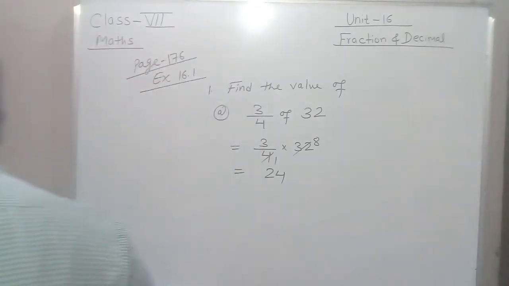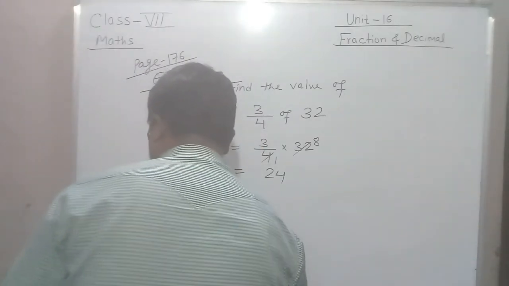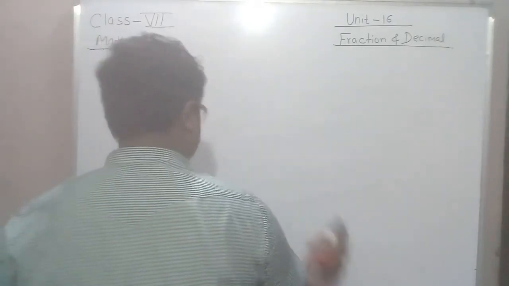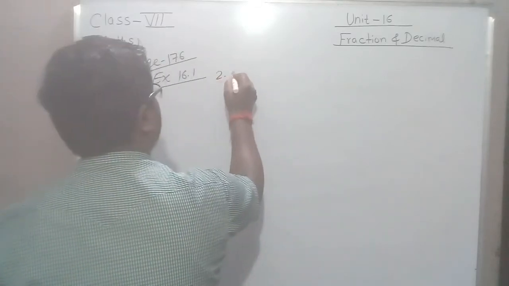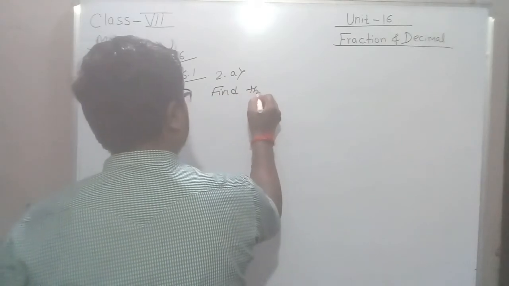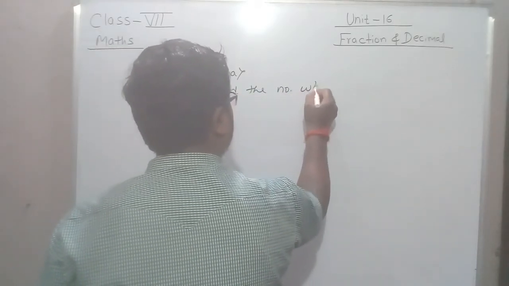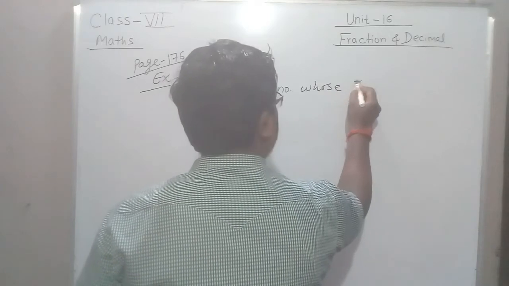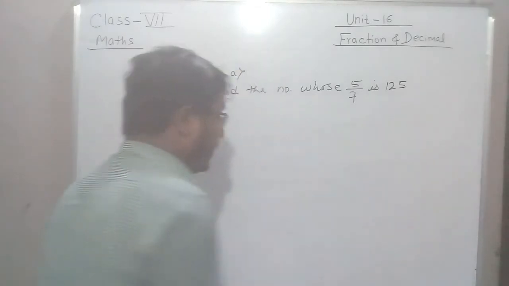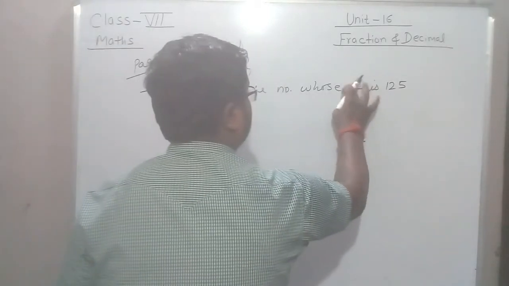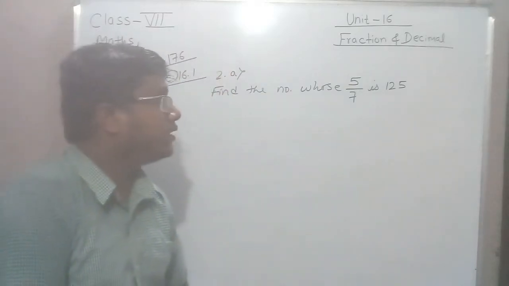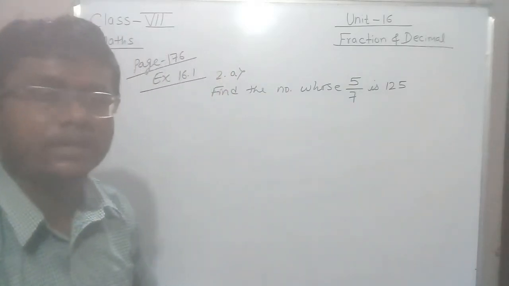Okay, your next question is question number 2a: find the number whose 5 upon 7 is 125. Do you know the number?